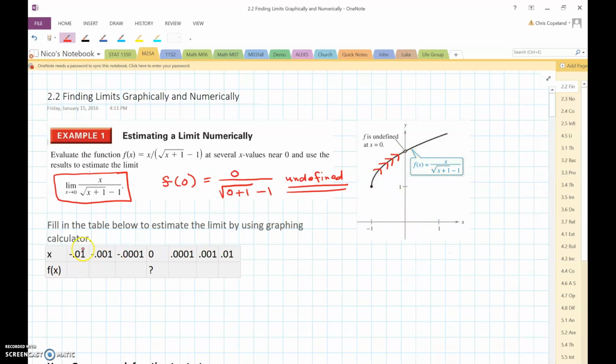So I'm going to start by plugging in negative 0.01 for x into the function. Using a calculator, f of negative 0.01 ends up being 1.995.